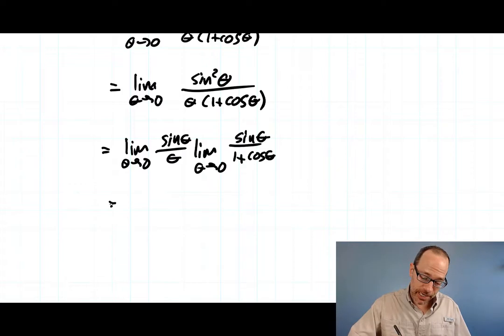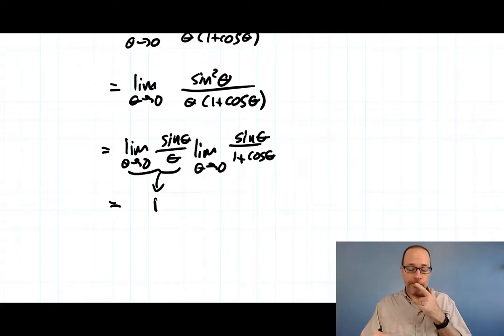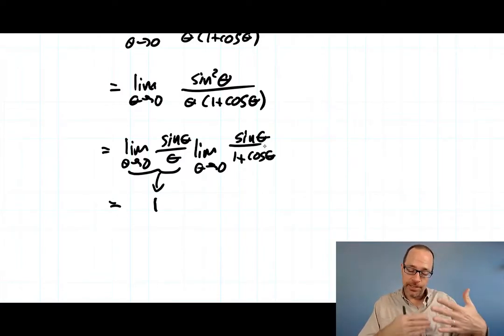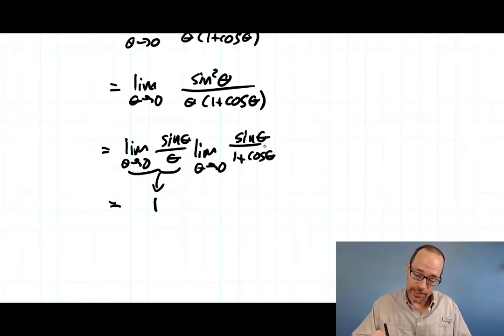Anyway, we just calculated that this first one was 1. Now the second one, actually we can calculate because the top and the bottom are continuous, and the denominator, when I plug in 0, it just turns into a 2, so it's not 0. So it's continuous. I can just plug in theta equals 0 everywhere.